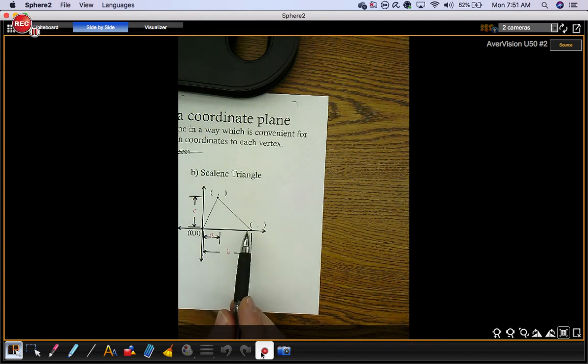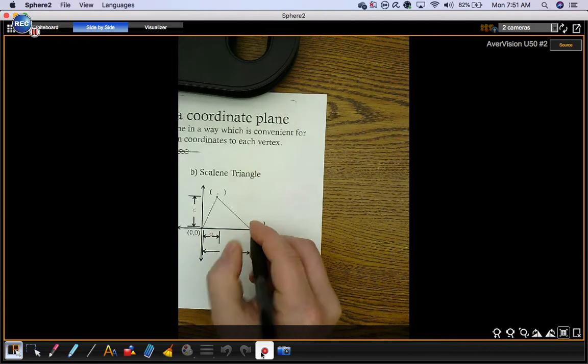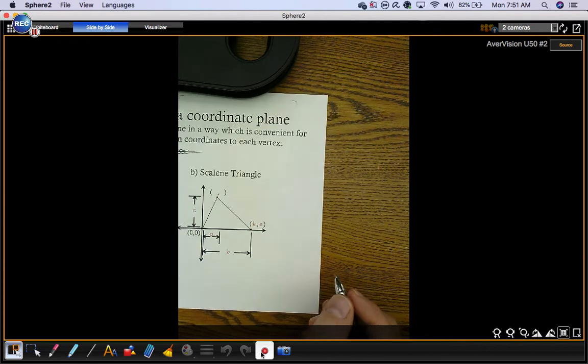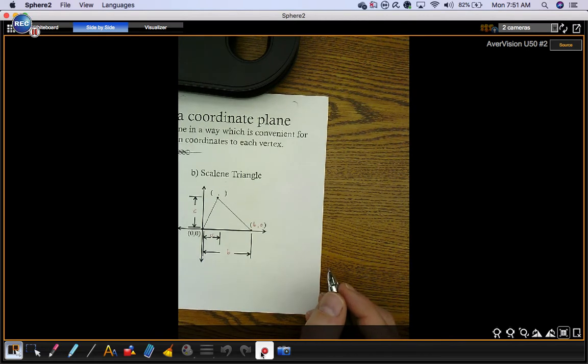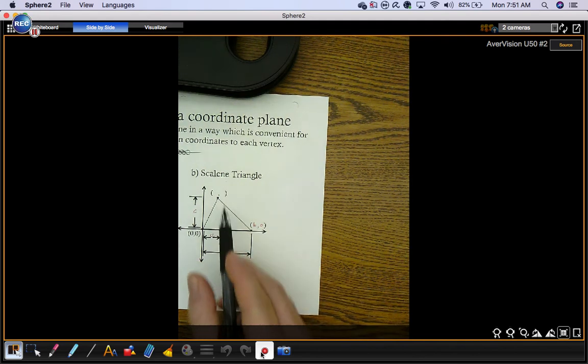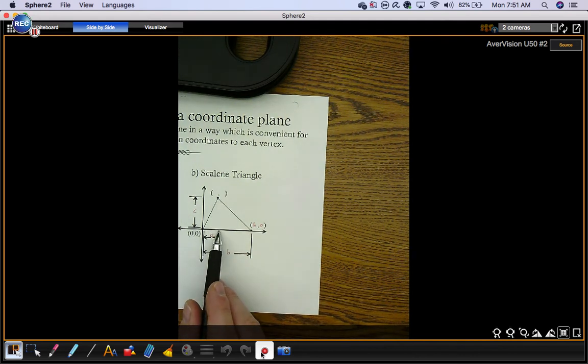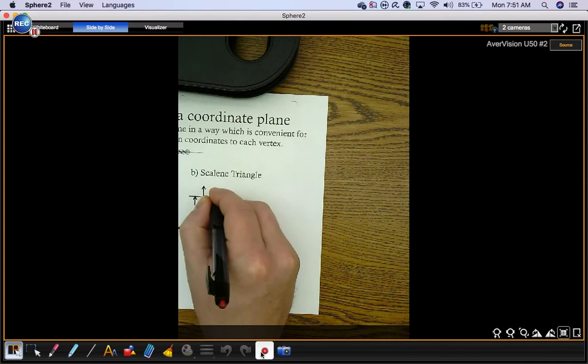Here to here is B units. Here to here is C units. So that's (0, 0). We're going to go B units to the right and up 0. For this vertex, we're going to go A units to the right and up C.